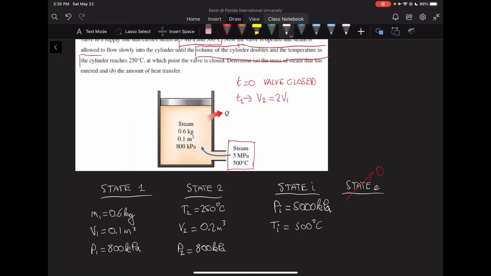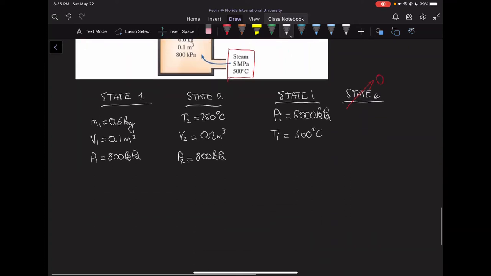So now what we can do is we can apply our continuity in our first law equation to this type of problem. So the first thing we can say is that, let's look at continuity. So the continuity equation says that we have Mi, the mass in, is going to be equal to mass 2 minus mass 1.